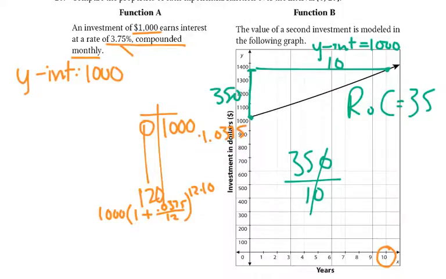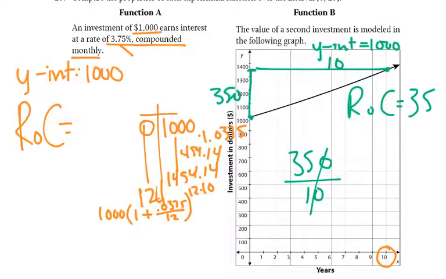Okay, so I typed that in. So 1,000 times 1 plus 0.0375 divided by 12 to the 12 times 10, or 120. That gives me, that's better. That gives me for 10 years 1,454.14. So to find our rate of change, this would be plus 454.14, and this would be 10 because we did it for 10 years.